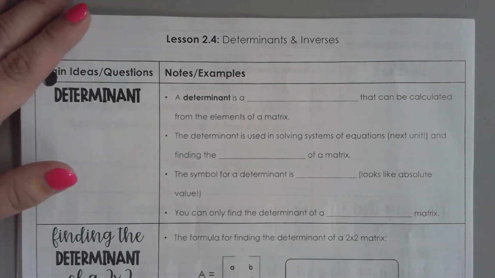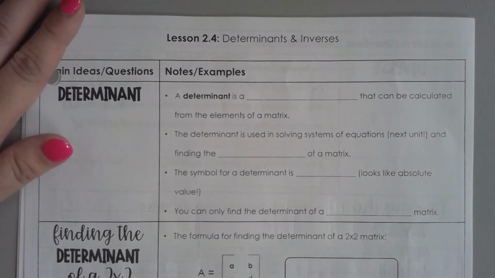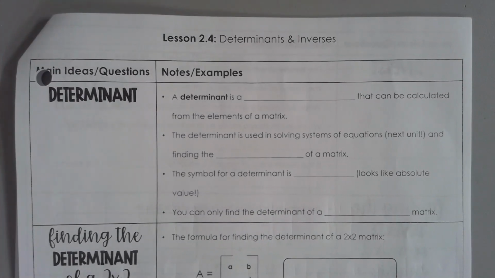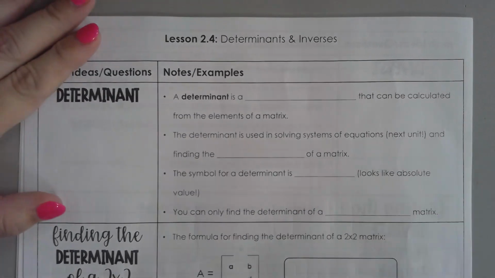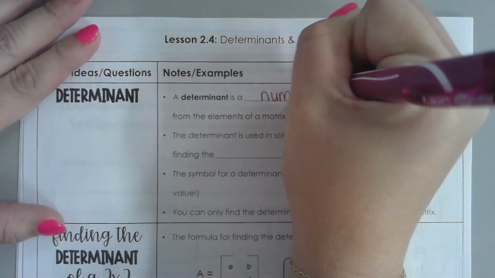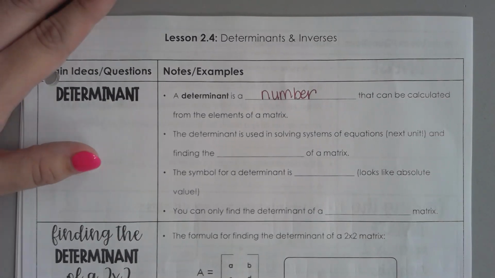Determinants and inverses. Two different things, two different formulas, but you need to be able to do the determinant to do the inverse. So what is the determinant? It's just a number that you calculate using the elements in a matrix.